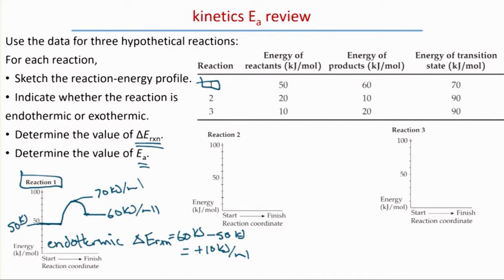Now this is the difference between where the reactants start and the top of the peak of the transition state. So this amount right here is called our activation energy. Activation energy for this one, between 70 and 50, should be 20 kilojoules per mole.